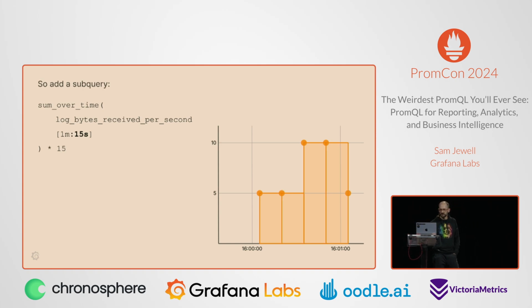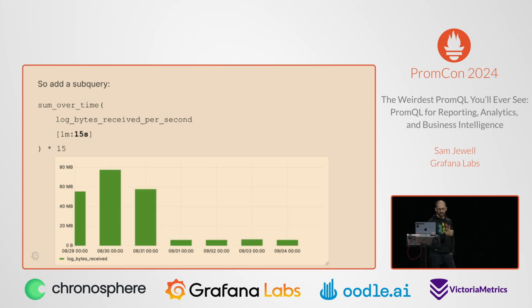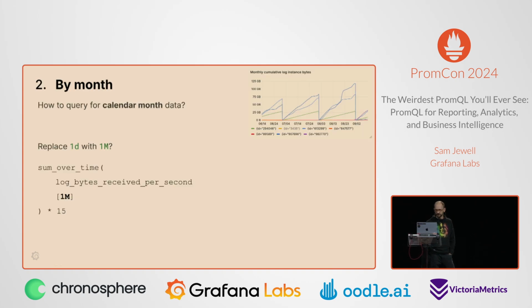We can fix that by adding a subquery so that, as long as you execute a subquery, you can guarantee that it's going to evaluate at specific intervals in time, and then we'll cover the whole time range again. Great, and so we can run that, we can see the curve again, and we can present it as days. Awesome, we got there. So we'll do another one.